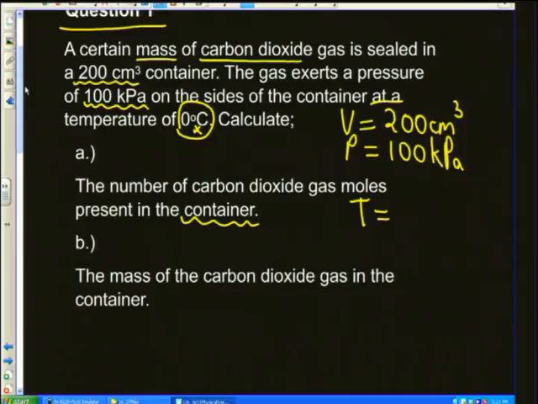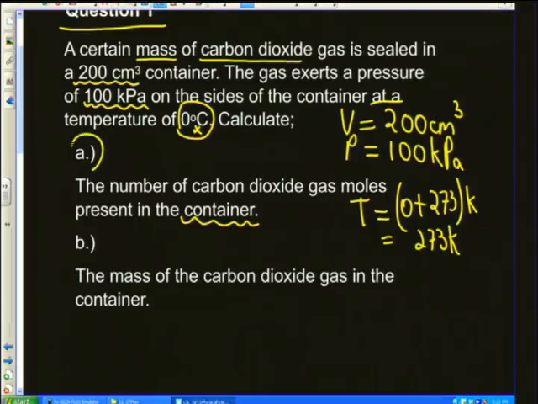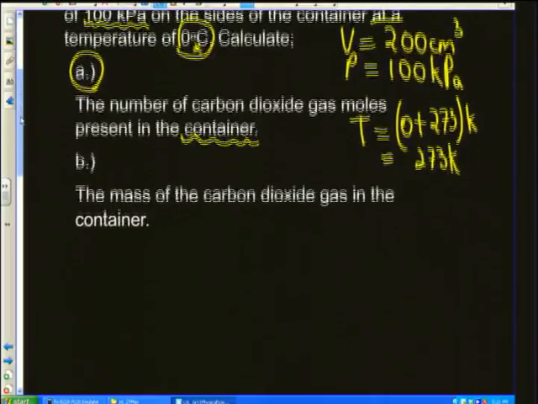So from 0 degrees, converting, you always add 273, and that gives you the Kelvin. So you've got 273 Kelvin. All right, so that is your temperature.